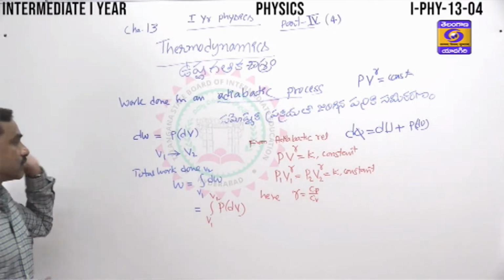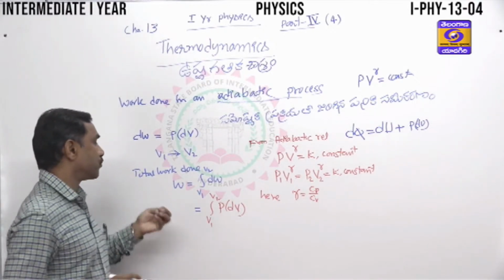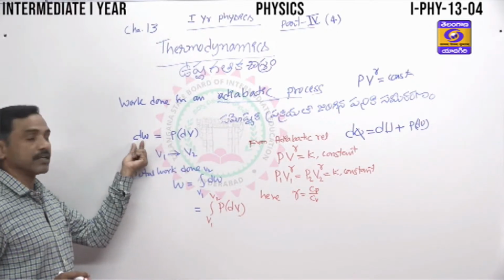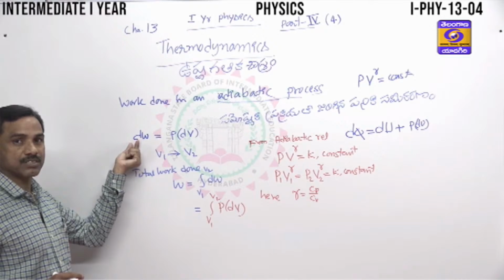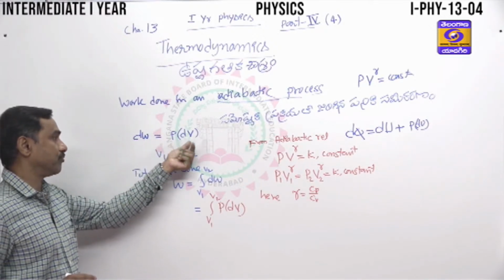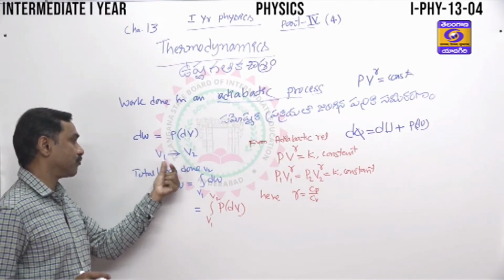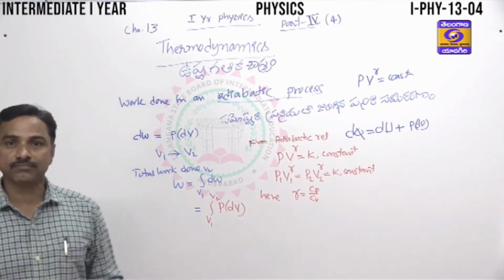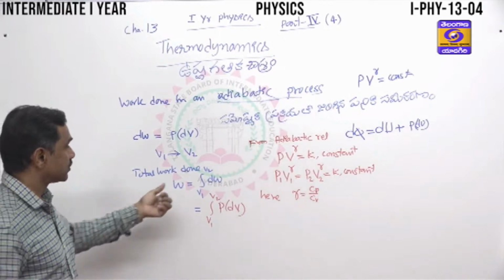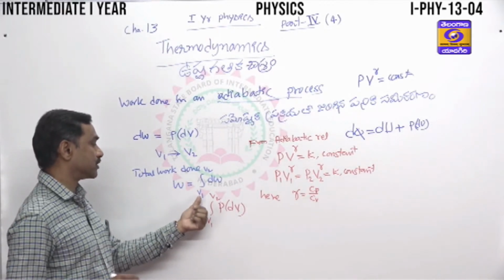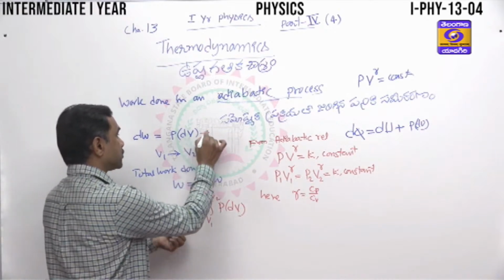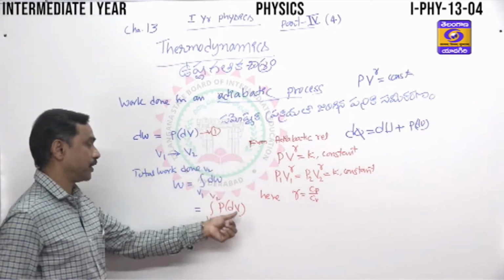So the work done in an adiabatic process for a small change in the volume, the work done by the system, let's say is given by PdV. So if volume changes from V1 to V2, total work done is obtained on integrating the above expression between appropriate limits, say V1 and V2. Now dW value, say equation 1, you substitute this value PdV.